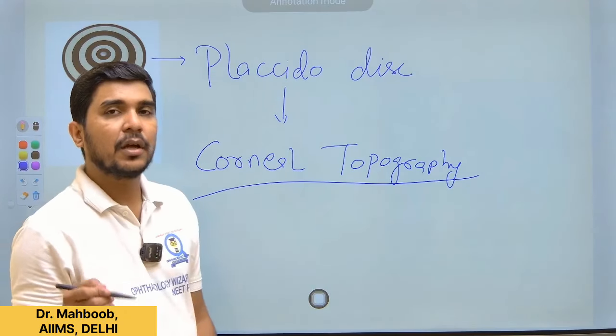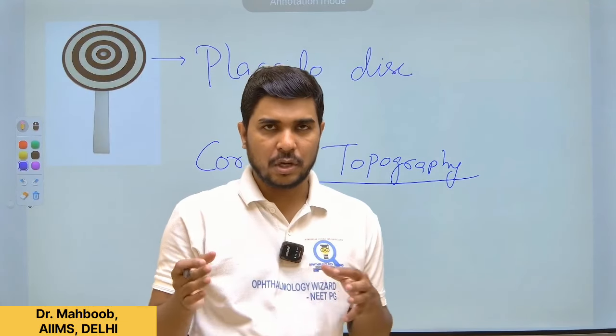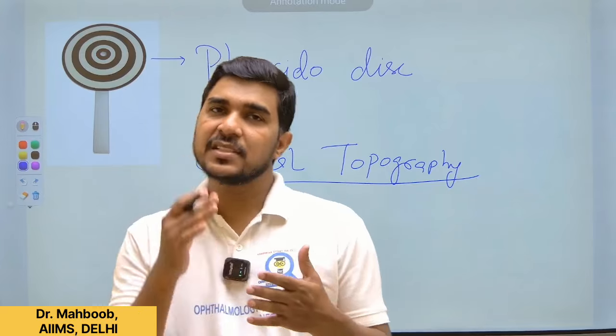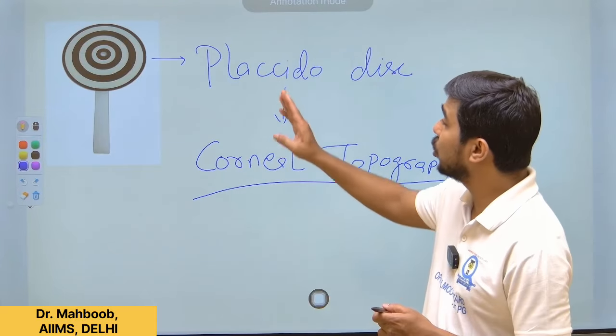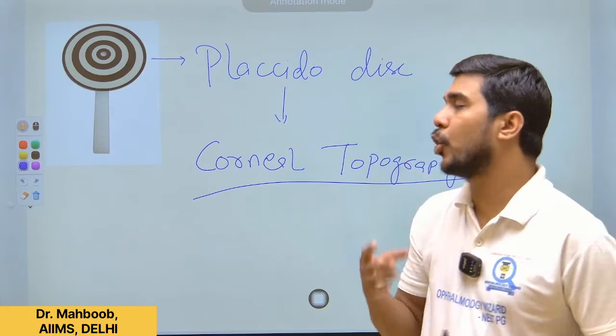Topography is related to curvature only. Curvature, thickness, elevation, everything a topography gives. So basically the answer for the use of this is corneal topography. Understand?